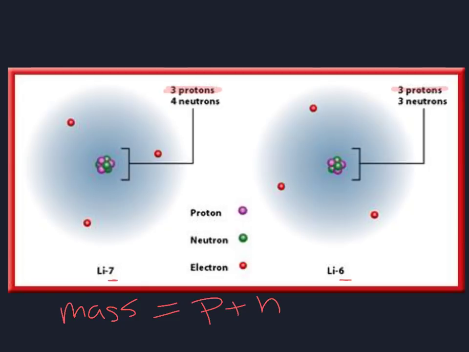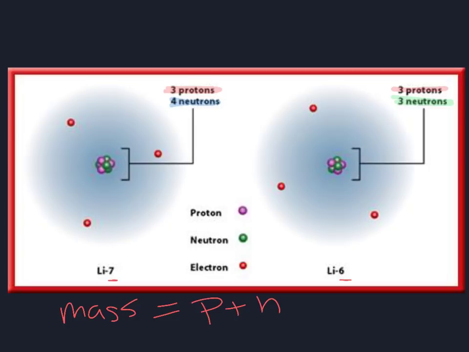They both have 3 protons. But lithium-7 has 4 neutrons. 4 plus 3 equals 7. That's the mass number. And over here, lithium-6 has 3 neutrons. That's why it has a mass number of 6. So if you're given the mass number for an individual atom, you can solve for the number of neutrons.